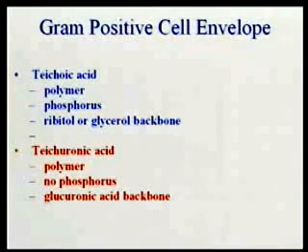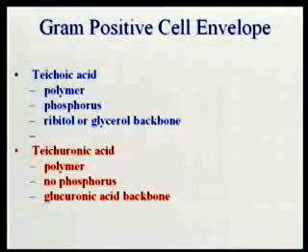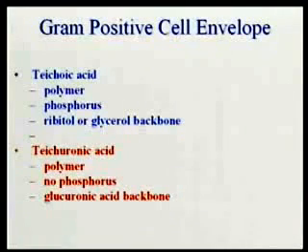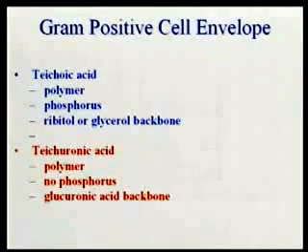A teichuronic acid, by definition, an acid is a negatively charged ion. A teichuronic acid must also be negatively charged. It indeed has a lot of carboxyl groups there. It is actually a carbohydrate. It does not have these phosphodiester bridges that you see in a teichoic acid. Now, there's no phosphorus, but it does have glucuronic acids. The glucuronic acid is substituting for the phosphorus.